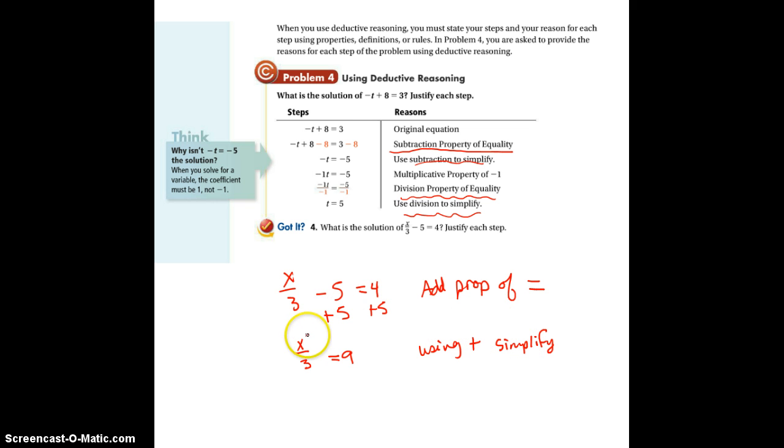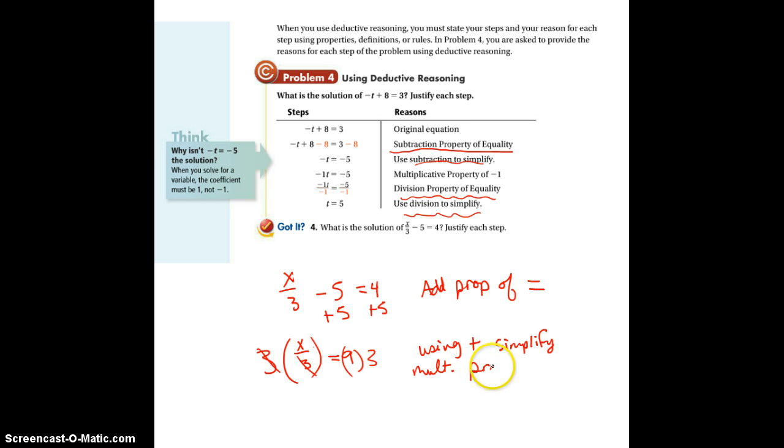Next, we're going to use the multiplication property of equality, excuse me. So we would multiply both sides by 3. So when I multiply both sides by 3, the 3's cancel out.